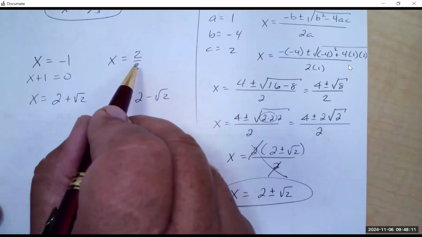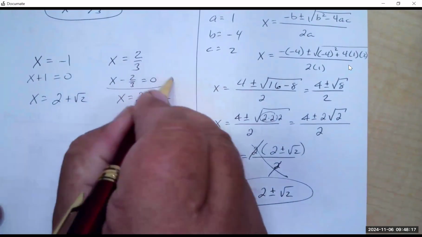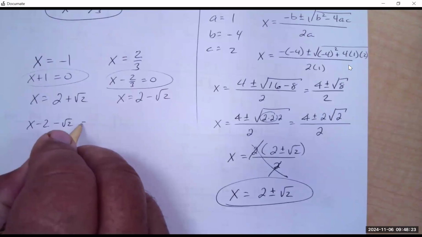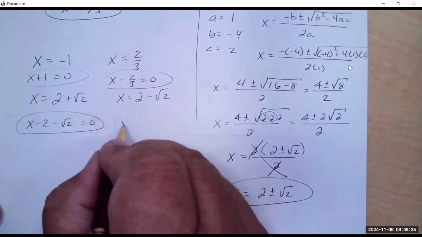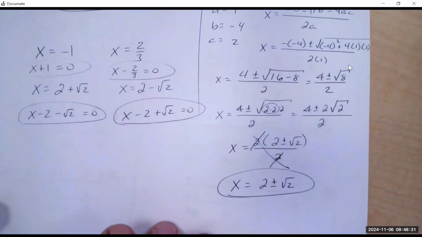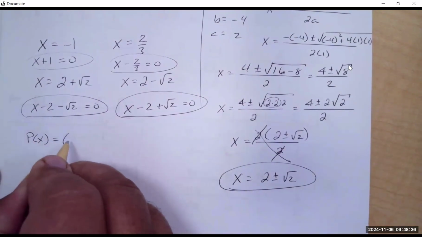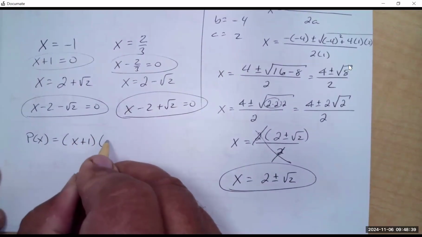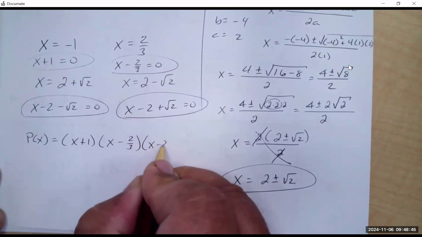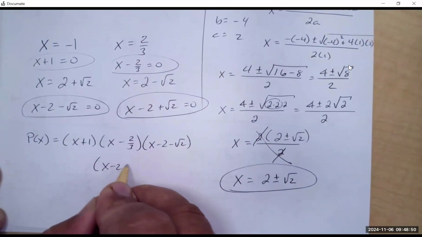In this one, you could make it x minus 2/3 equals 0. x minus 2 minus radical 2 equals 0. x minus 2 plus radical 2 equals 0. So my polynomial is made up of x plus 1, x minus 2/3, x minus 2 minus radical 2, x minus 2 plus radical 2.